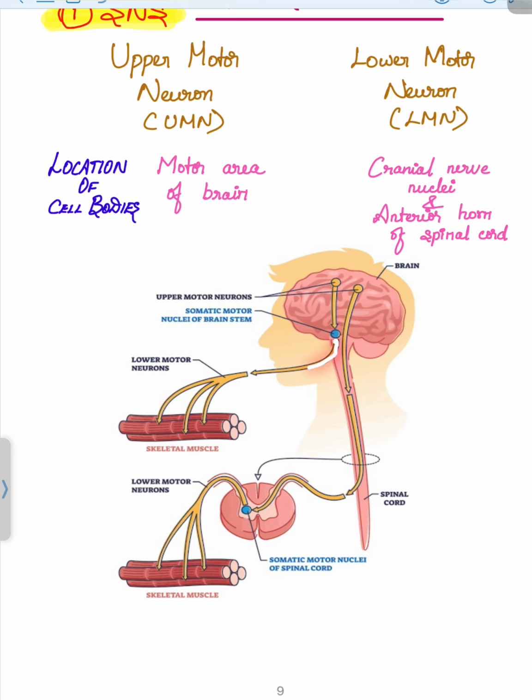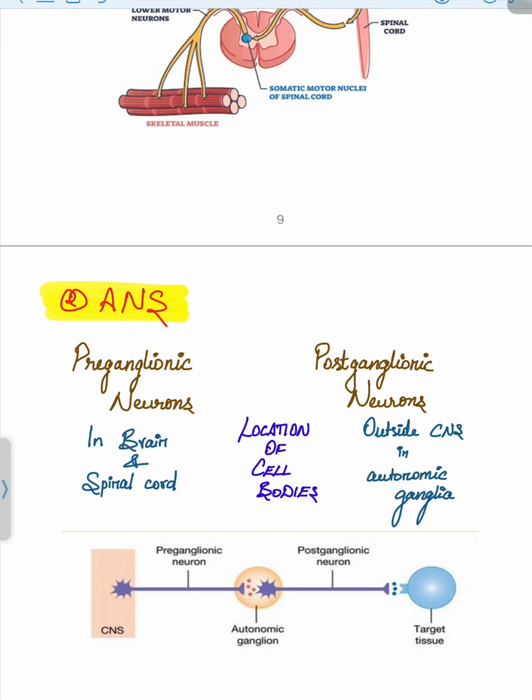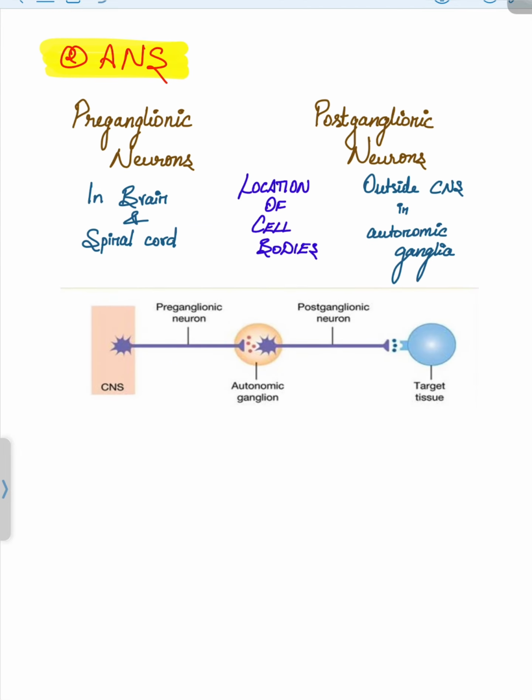And from them, the neurons arising are called lower motor neurons, and they end up in the skeletal muscles. Why skeletal muscles? Because of the somatic nervous system, which we discussed in the previous video. They supply the voluntary muscles of our body, the skeletal muscles, right? That's it. Clear?